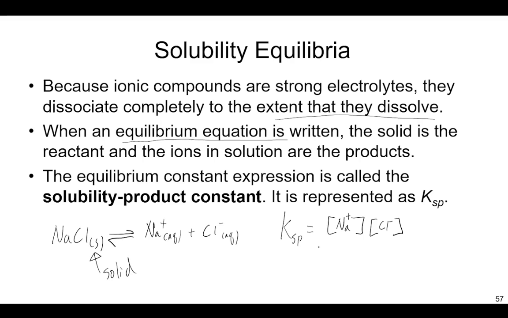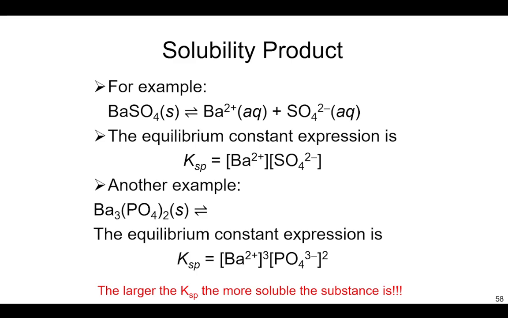We can write more complicated KSPs, maybe for an equation like this: barium sulfate breaks into barium 2+ and sulfate 2-. Our KSP would be barium 2+ times SO4 2-. Maybe consider barium phosphate. Now maybe we're just asked to write KSP based on the solubility of barium phosphate. We have to consider, okay, what does this barium phosphate break apart into?